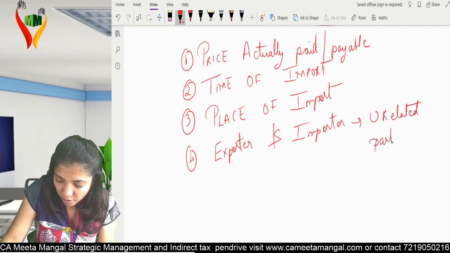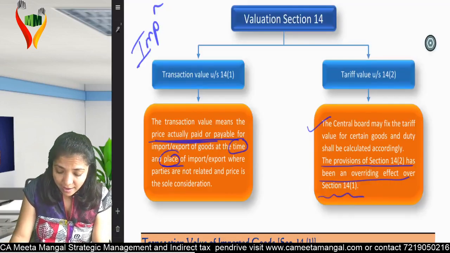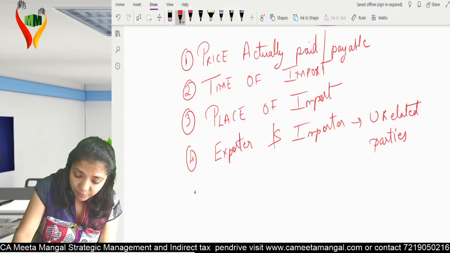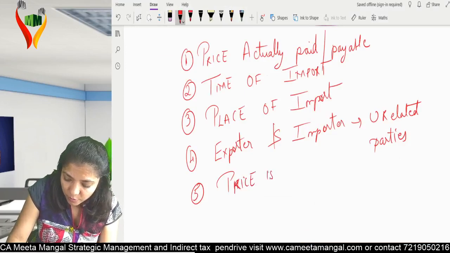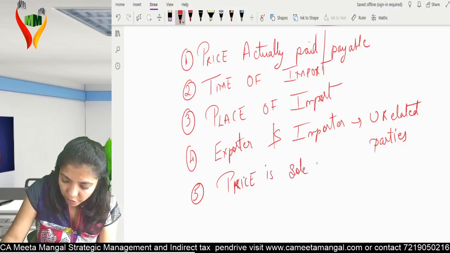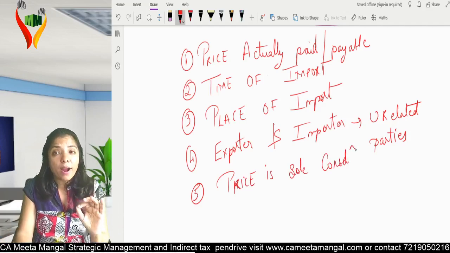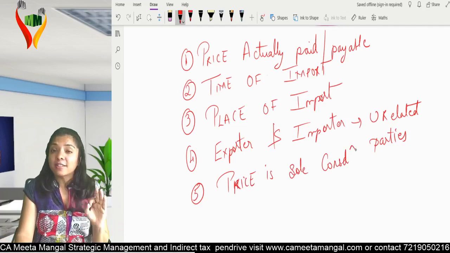And last point, price is the sole consideration. I hope you're with me, boss. These five points you need to keep in mind while identifying the transaction value.